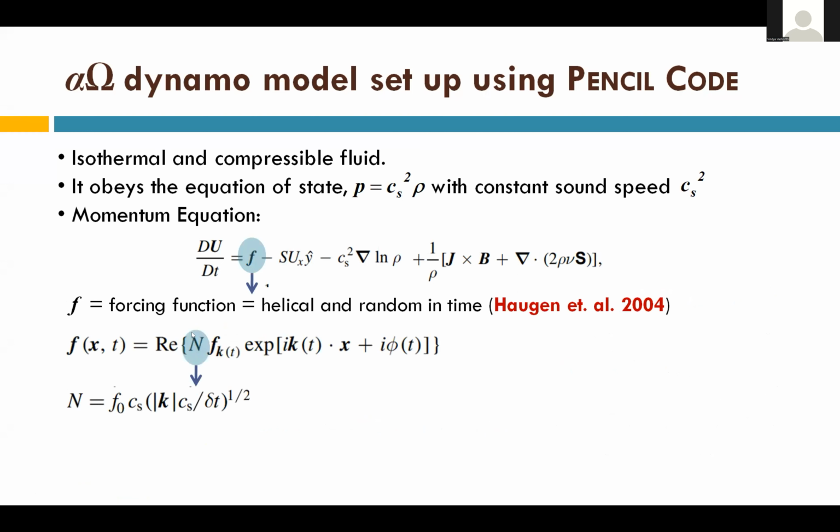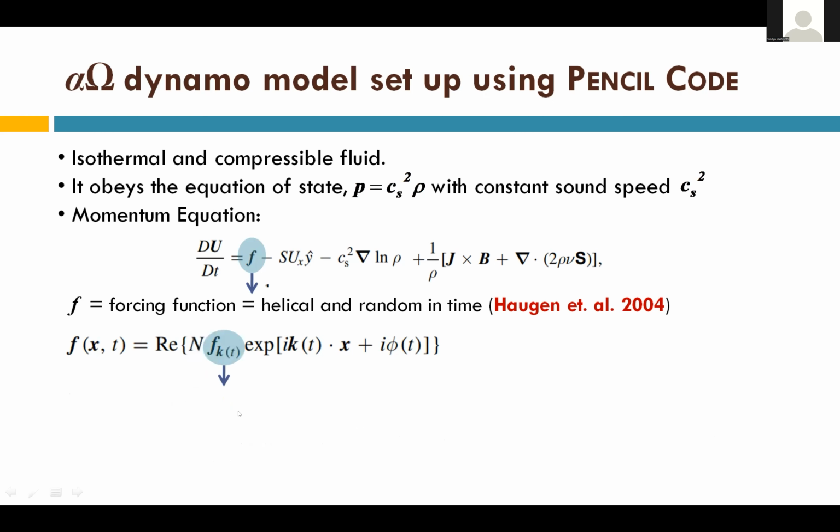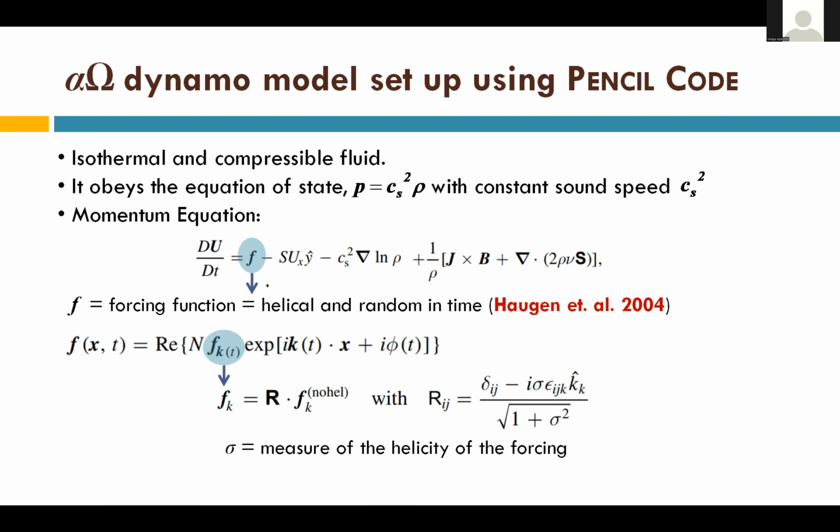Here N is basically a normalization and is given in this form, and at each time step, the wave number, as you can see here, randomly takes any value from all the possible wave vectors around a given forcing wave number. Now, this is basically the Fourier amplitude, and it is given in this form. As you can see, this is dependent on sigma. This is important in our simulation, as this is a measure of the helicity of the forcing.